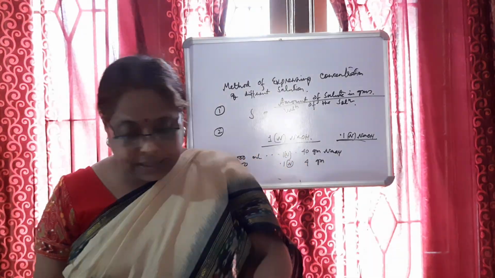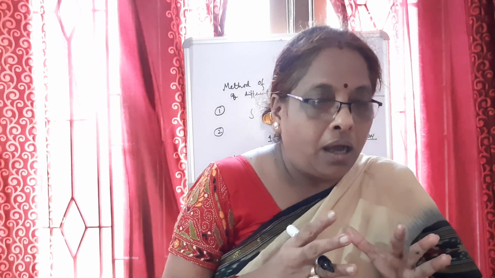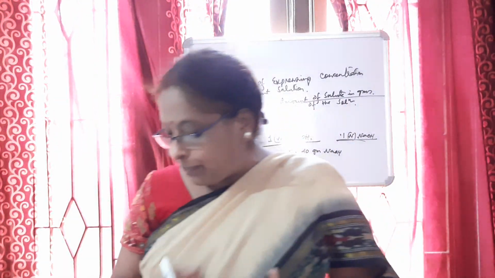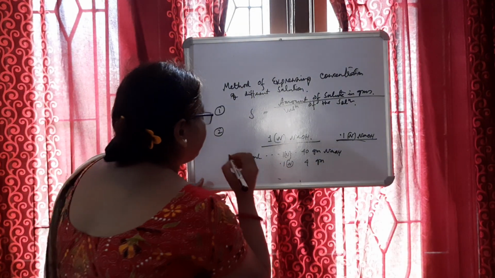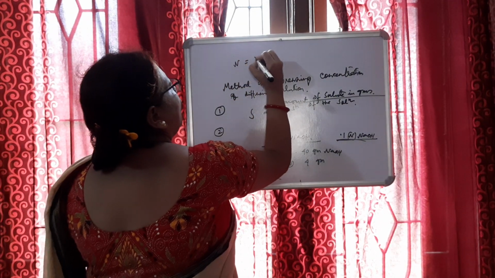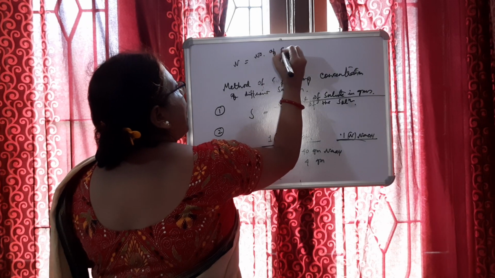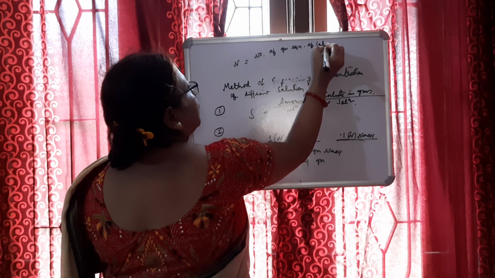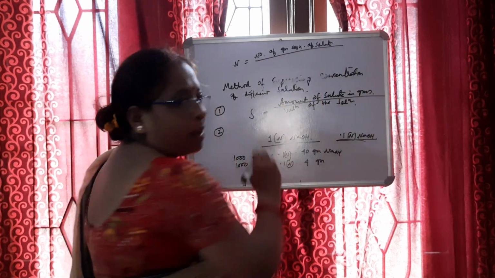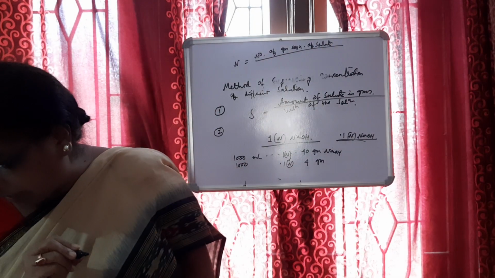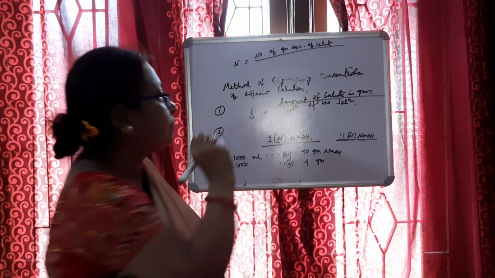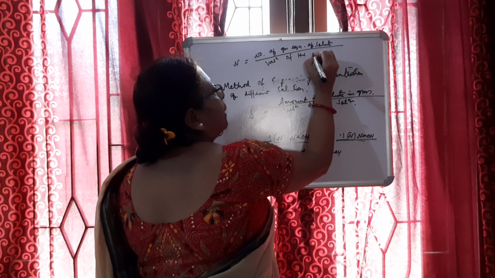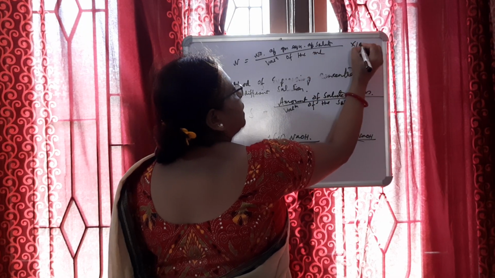So normality is denoted by capital N. So capital N is equal to number of gram equivalents of solute divided by volume of the solution in ml into 1000.